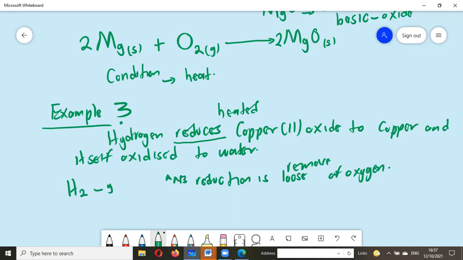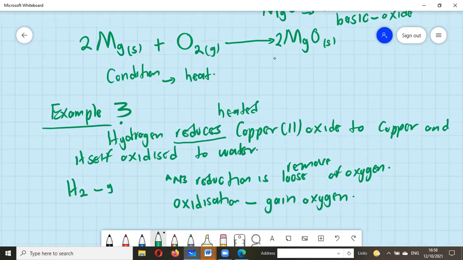Then when you say itself oxidized, that means it's undergoing oxidation. Oxidation is the same as gain of what? Of oxygen. We have various definitions of oxidation, and I think some of us will know them, but I'll not go into that now. We're mainly focusing on equations.